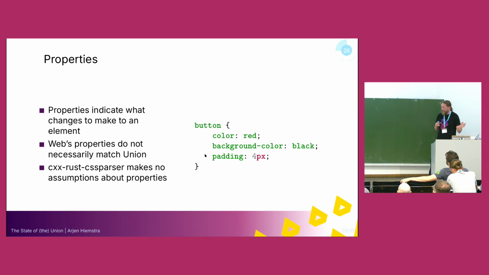So the other thing is properties. Properties tell your application, Union, what to do with an element. How does it change when this rule applies, when the selector applies? This is where things get a bit hairy with regards to web.